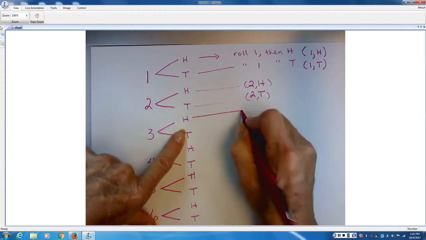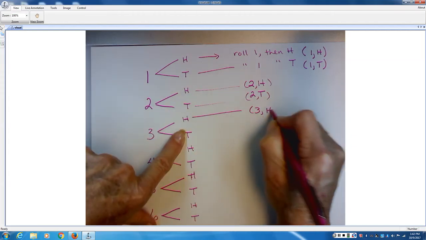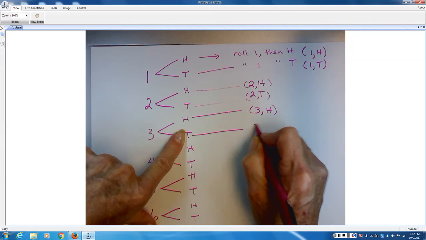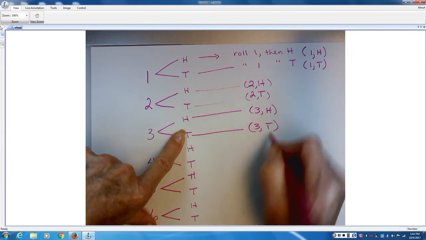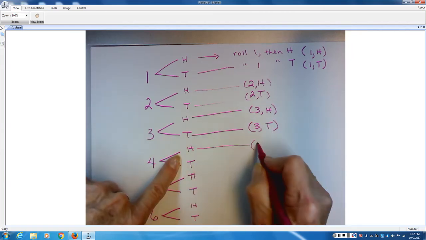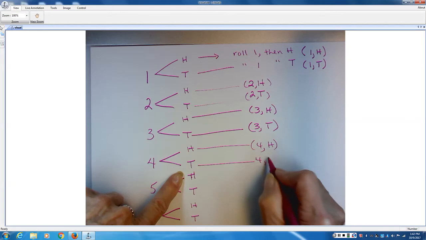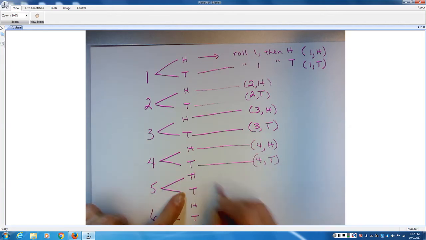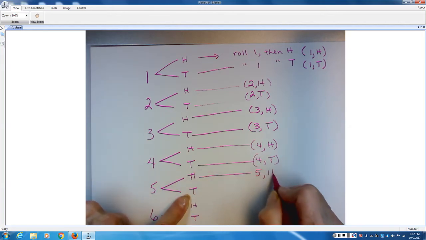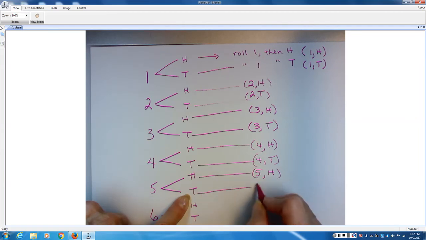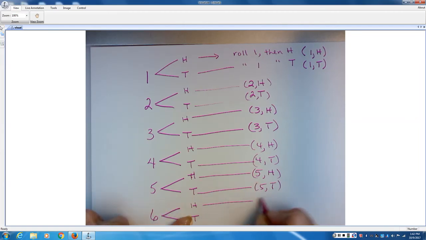This would be 3, then a head, 3, then a tail. 4, then a head, 4, and then a tail. 5 and a head, or 5 and a tail, or 6 and a head, or 6 and a tail.